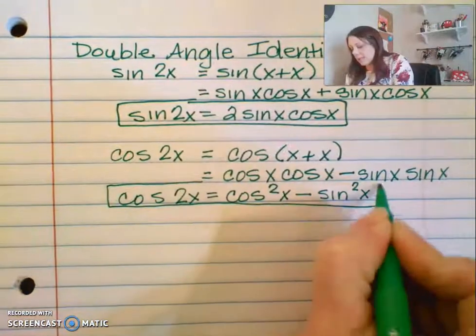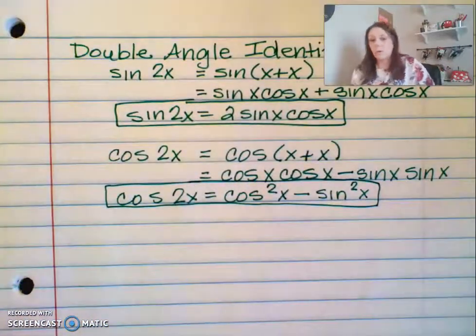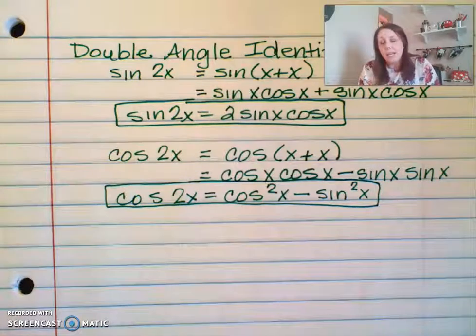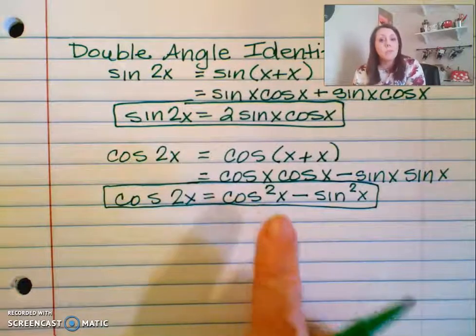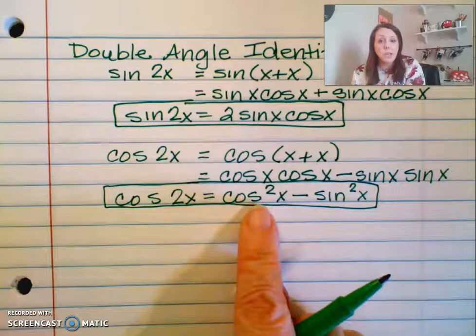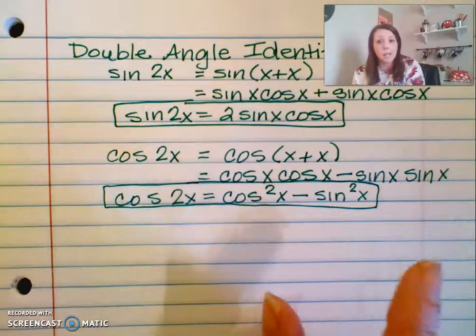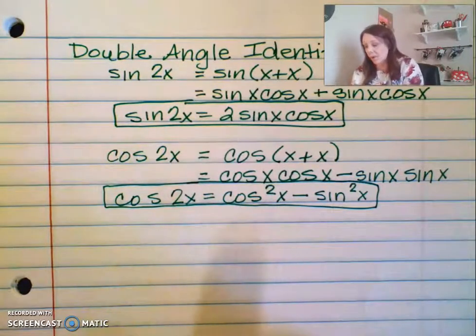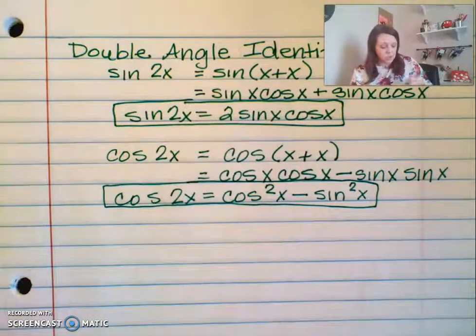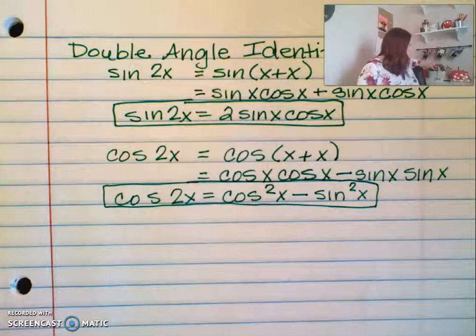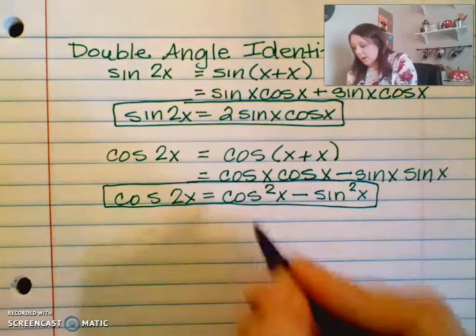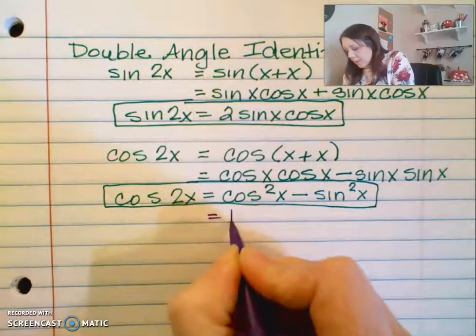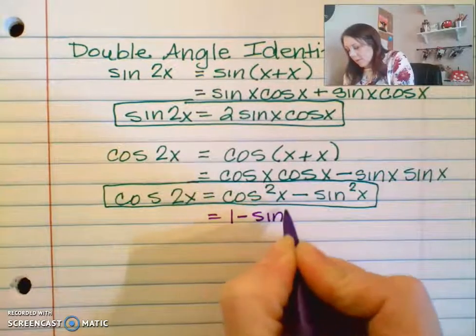Now you'll notice in this case, when we looked at that cosine double angle, that there's more that we could do with it. For example, here, if we consider the cosine squared, we know from our previous Pythagorean identities that cosine squared is equal to 1 minus sine squared. So we could take this further. One way in which we could do that is to substitute in place of that cosine squared, what if we make that a 1 minus sine squared?